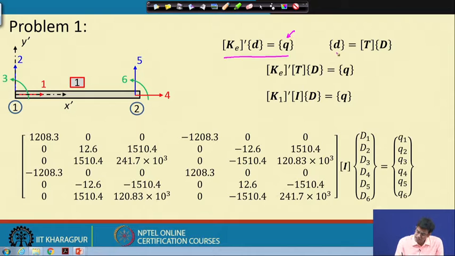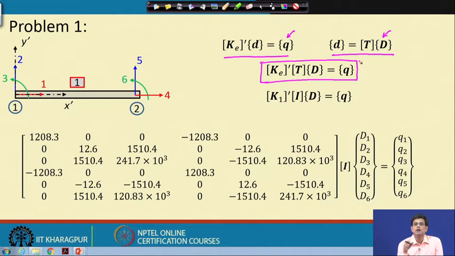Now, d is related to capital D, because we do not know small d; we have found only capital D. With the help of capital D and the transformation matrix T, we can find small d. If we substitute this into the equation, it leads to this formula for small q, the internal loading of element 1, which comes from the equilibrium of element 1.